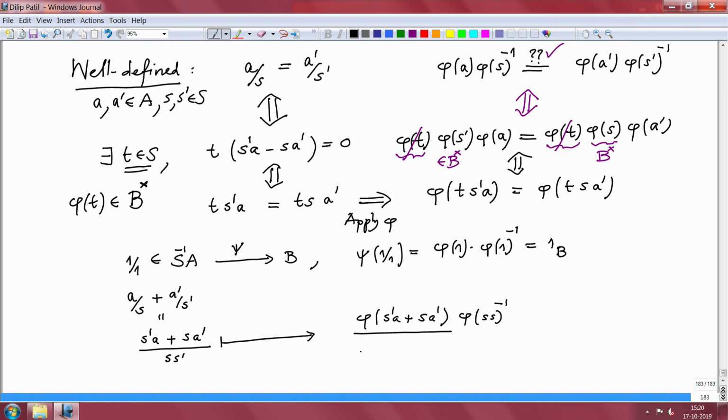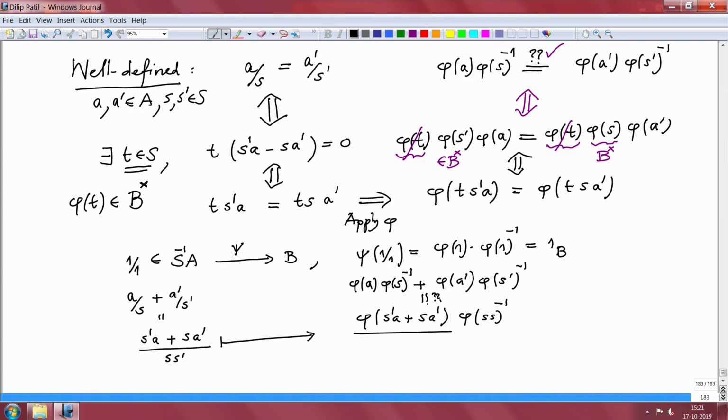What we want to prove is that on the other side it should have gone to the image of A by S under psi, that is phi A phi S inverse, plus phi A prime phi S prime inverse, and we want to check this equality.